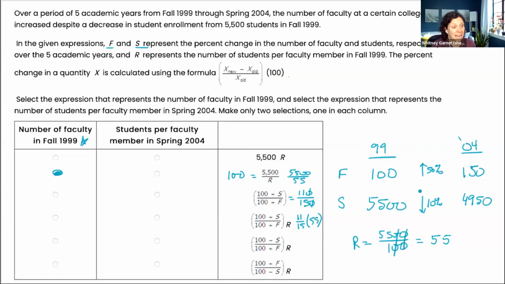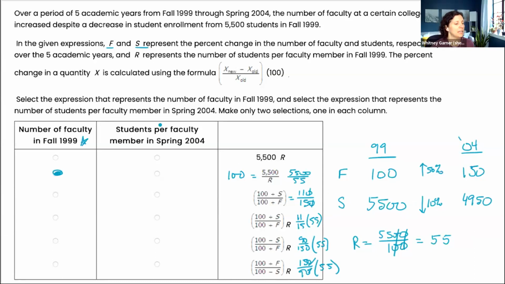This is minusing the S, so that makes sense with a down. Those seem a little bit more tempting to me. So this is 90 over 150 times 55. And then this one is 150 over 90, we'll kill the zeros, times 55. I can break out my calculator in a minute to calculate them if I need it.